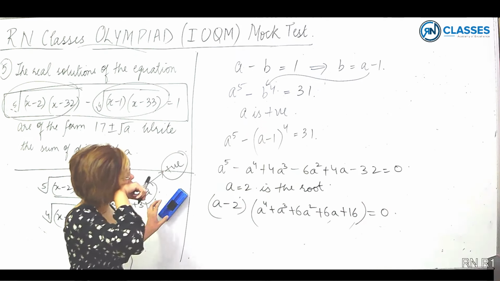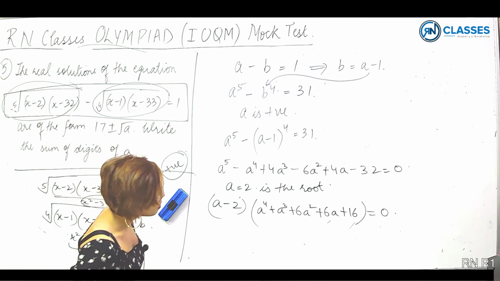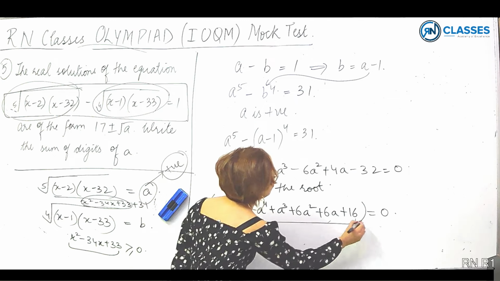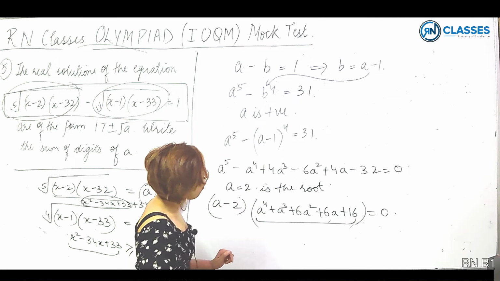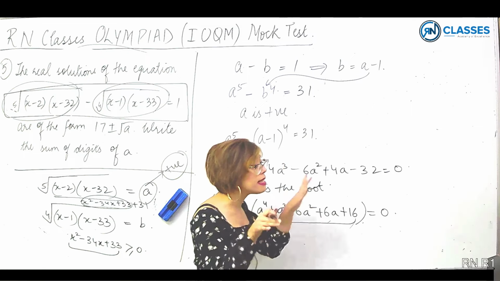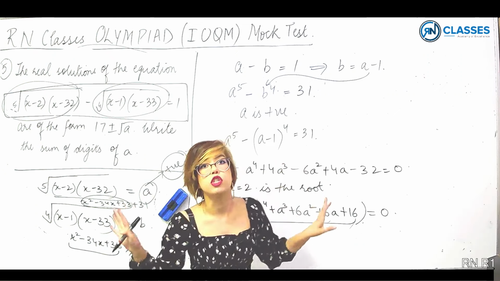Right? Okay. Now you will say, ma'am, 4th degree equation. Again, we don't know how to solve a bi-quadratic equation. Makes sense. But this is a very nice bi-quadratic equation, no? a raised to 4 plus a cube plus 6a square plus 6a plus 16. All the terms have a positive coefficient, right?